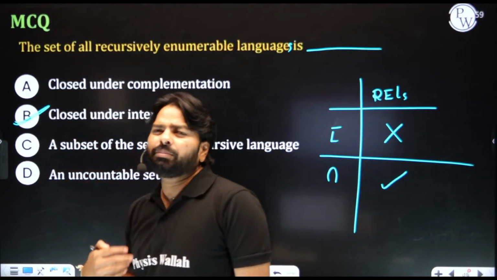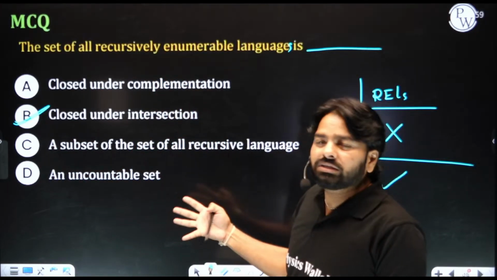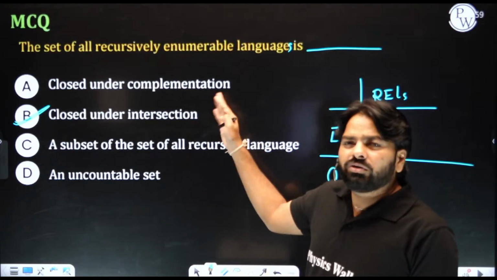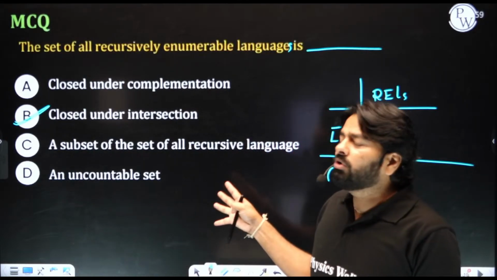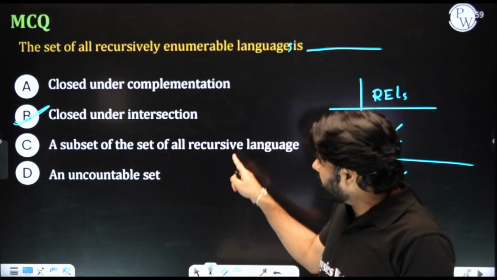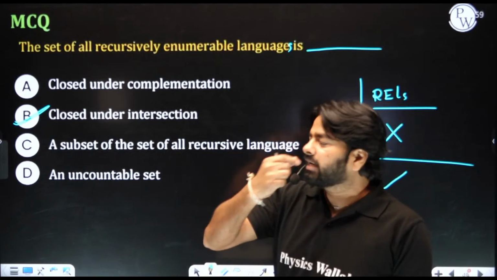But some people want to understand more, because this question might be MSQ. Then how do you answer it? MCQ you have no issue, you got the answer. So you can blindly choose B without understanding C and D. But if it is MSQ, then you need to understand every option that you have. Now the last one, the third option, a subset of the set of all recursive languages.